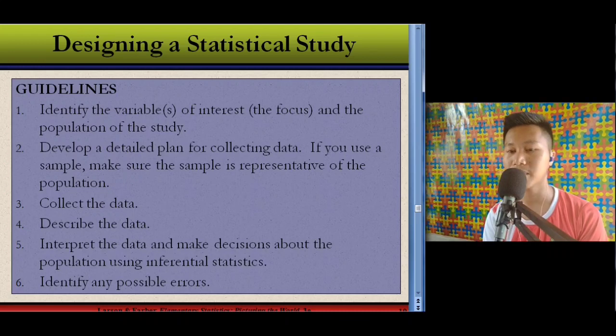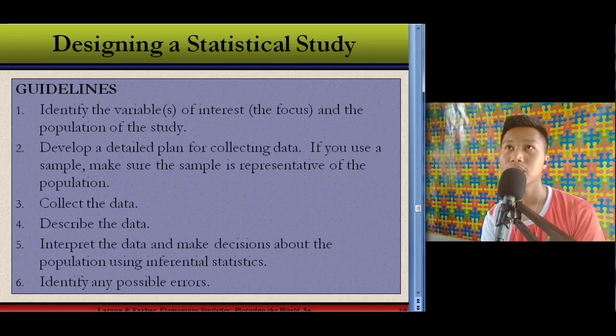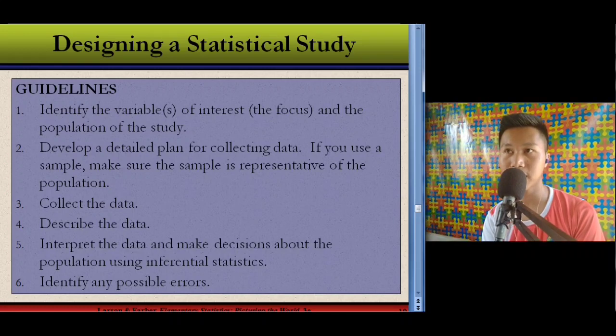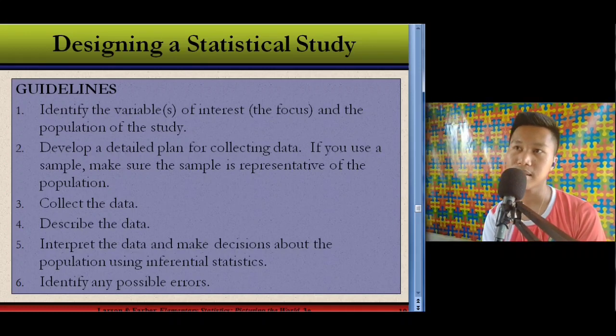For the fourth one, describe the data. You may do this by presenting your data through graphical presentations like bar graphs, pie graphs, pictographs, etc. Kadalasan na bar graphs or mga pie graph.